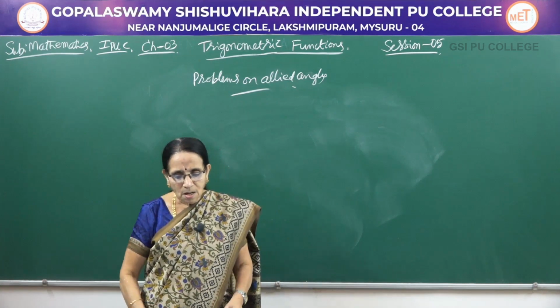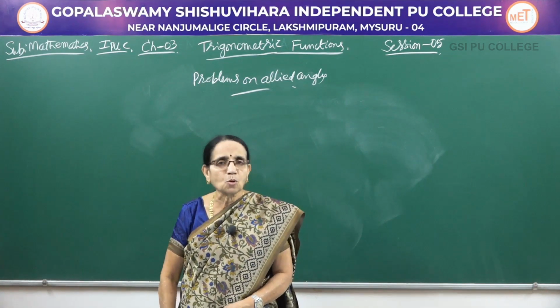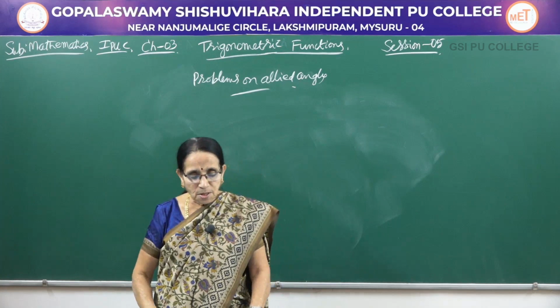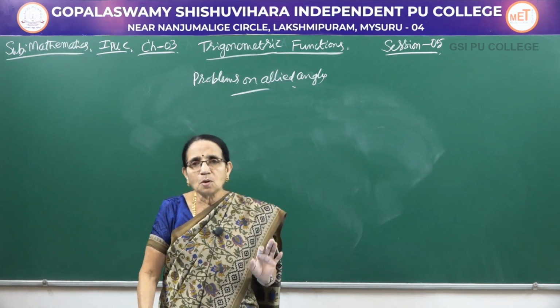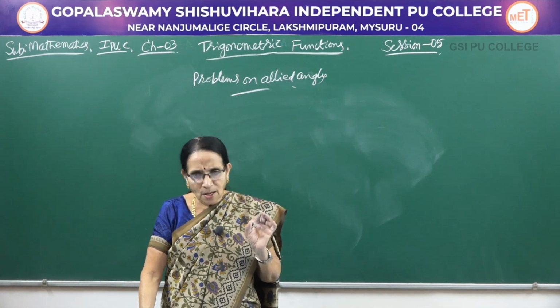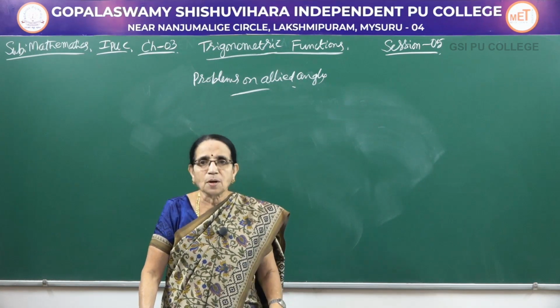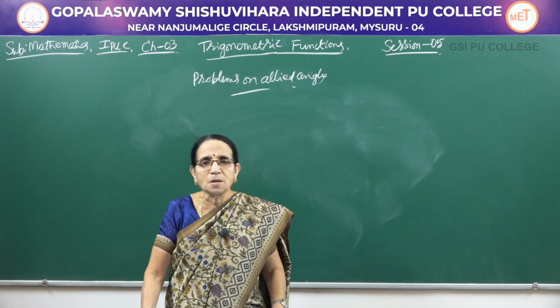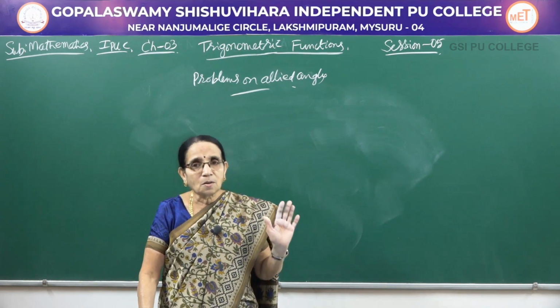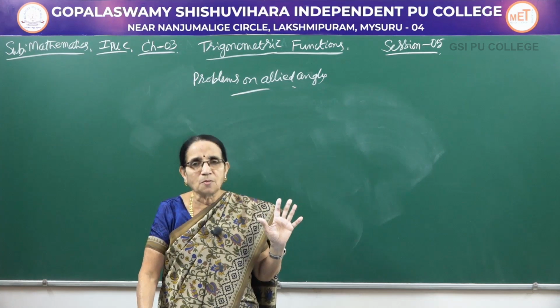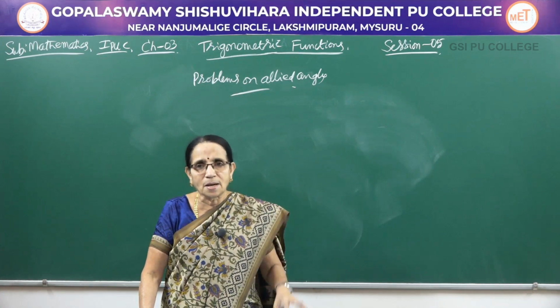Here two types of problems I am going to work out. In the first type, I will give you one trigonometric value of one trigonometric function. Using that one, you have to find the values of the remaining 5 trigonometric functions, and the quadrant in which that angle x lies will be specified.